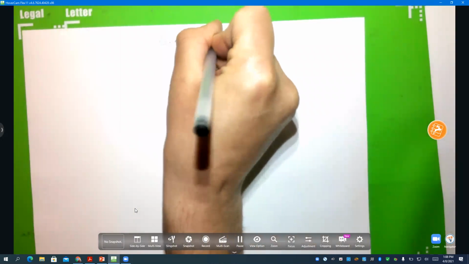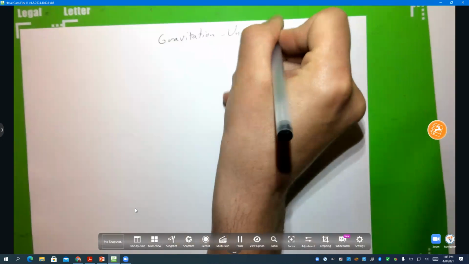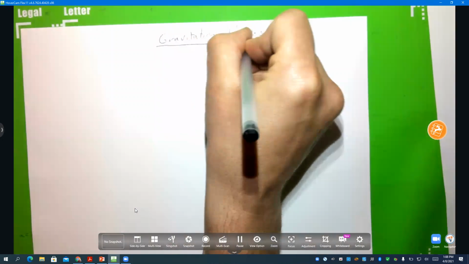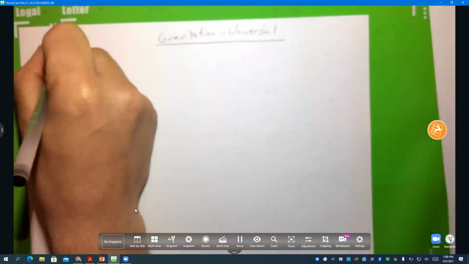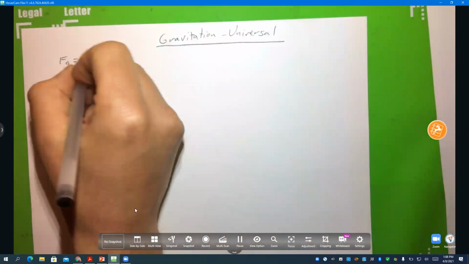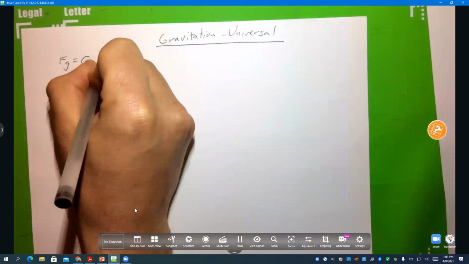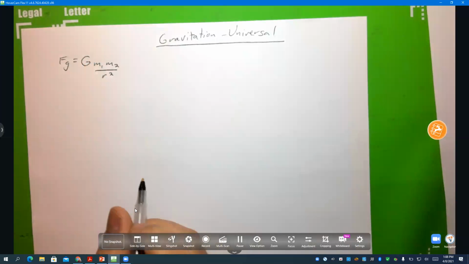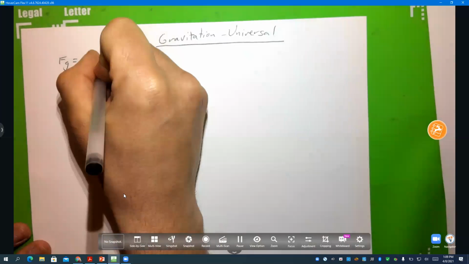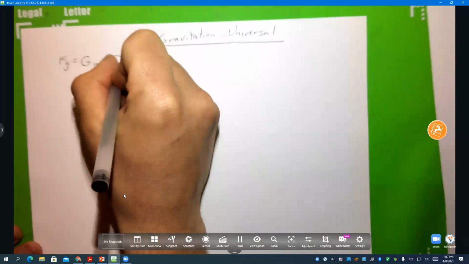All right, let's talk about gravitation, specifically universal gravitation. So the equation for the force due to gravity anywhere in the universe is big G m1 m2 over r squared, where these are the masses of both objects.